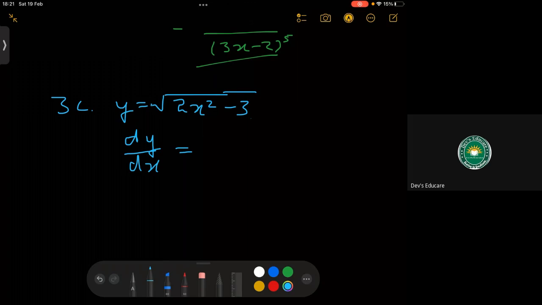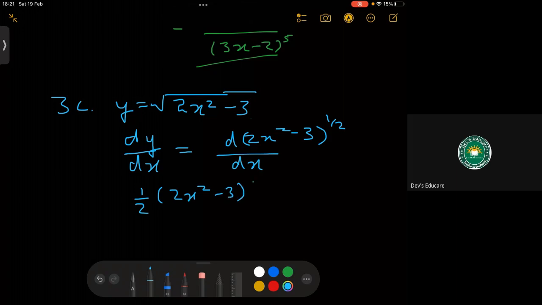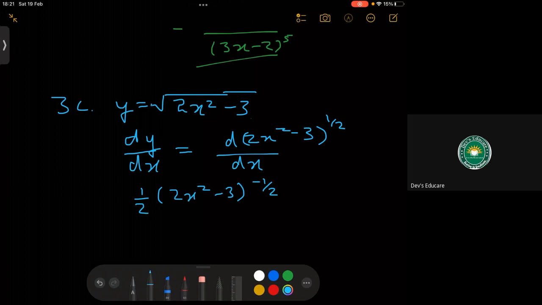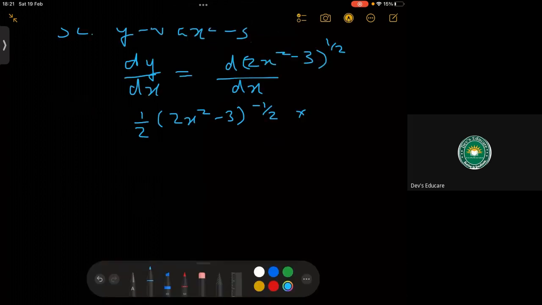dy over dx equals (2x square minus 3) to the power half, derivative of 2x square minus 3. Yeah. So this will be half (2x square minus 3) to the power half minus 1, minus half, into derivative of 2x square minus 3.